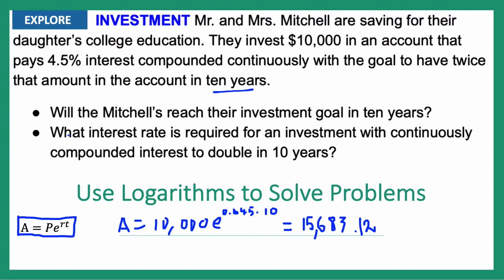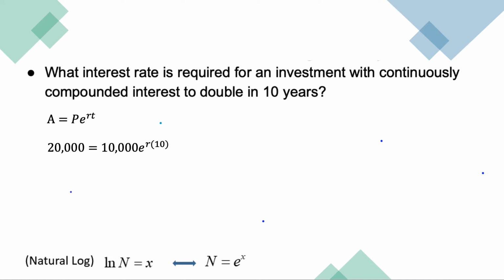So now let's go to the second question. I'm going to the second slide, and let's read the question. Number 2. What interest rate is required for an investment with continuously compounded interest to double in 10 years? We already saw the formula for continuously compounded interest is A equals P times e to the power RT. So we want to double.